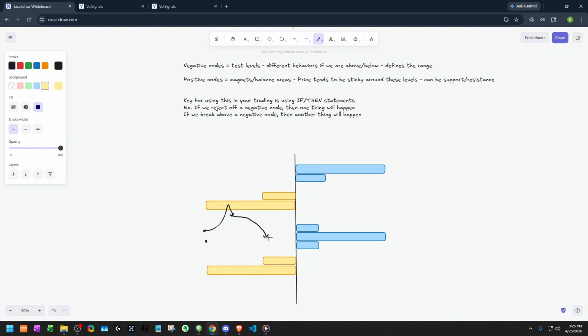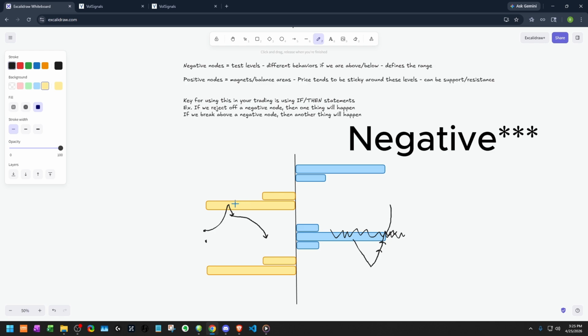And if we do get back here, you could expect choppy price action. If we fail below it and get back to this negative node down here, if we hold, again, we could continue or reverse higher back to the balance area or back to the large positive node, consolidate, break above, look for the negative node again. And then finally, if we end up breaking this positive node, then a continuation is likely.